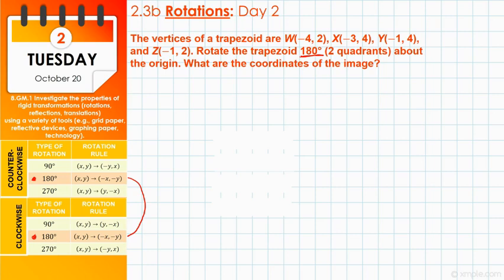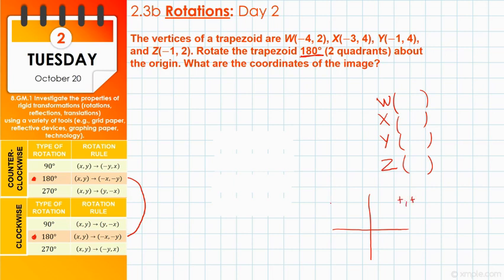So if we look at coordinates W, X, Y, and Z: negative, positive for all 4 points. If we sketch a quick coordinate plane, quadrant 1 is positive, positive.